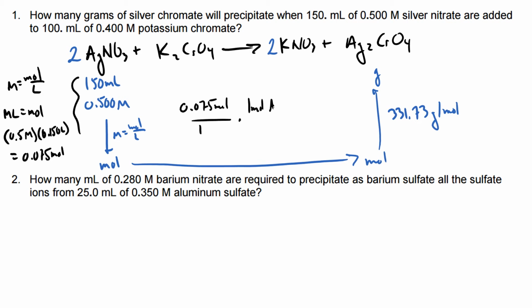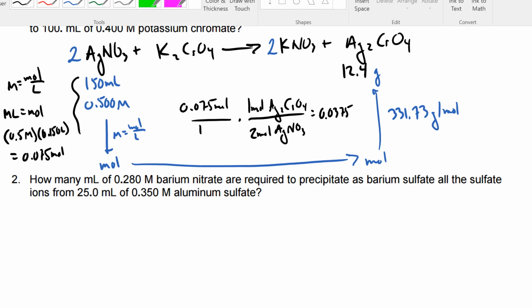This means that when this amount of silver nitrate reacts with excess potassium chromate, it will generate 0.0375 moles of silver chromate. If we take those 0.0375 moles of silver chromate and multiply by the molar mass, we get 12.4 grams of silver chromate that form.